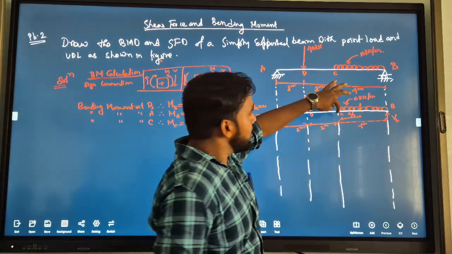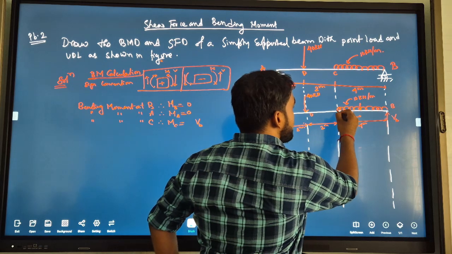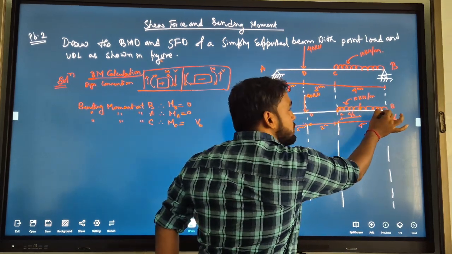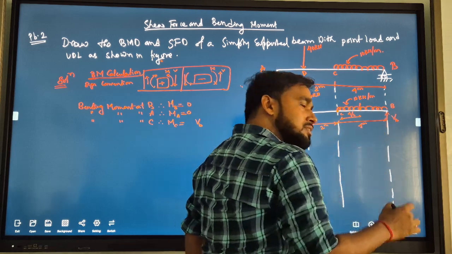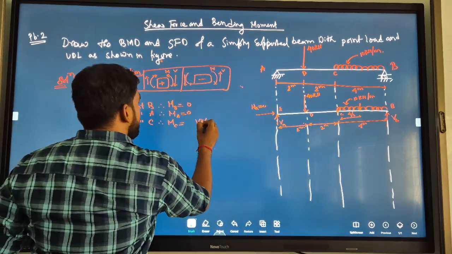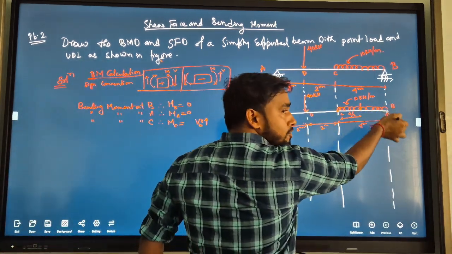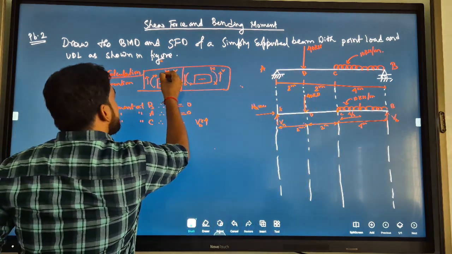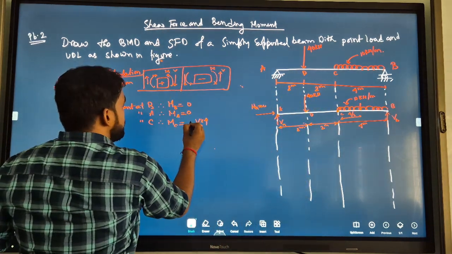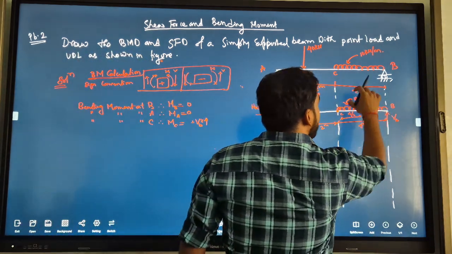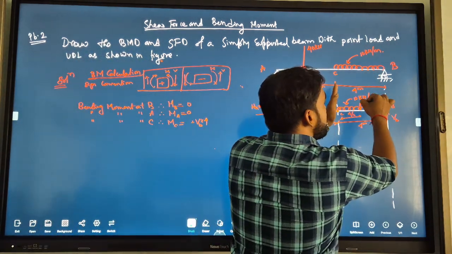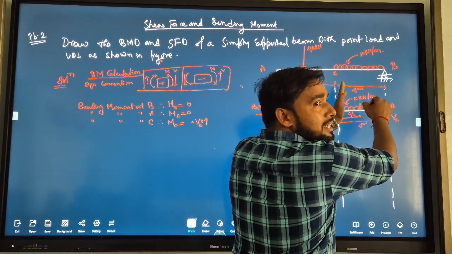So for VB calculate moment, VB into 4 meter. You are standing at C, looking towards B. So vertical force VB into 4 meter. That is moment VB into 4, and this makes clockwise and anti-clockwise rotation. Anti-clockwise means plus VB into 4 here, and for this UDL it creates clockwise moment, minus.